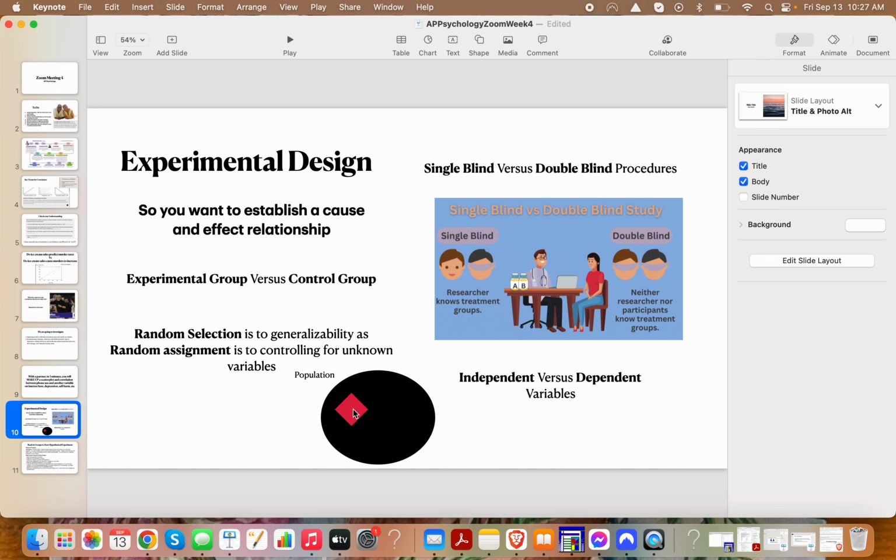This isn't always perfect, but if we can take a random selection of all of the British, Canadian, and American teenage girls, then my findings will generalize back to that population only. My findings will not apply to teenage boys because they're not my population. So we want to randomly select from a population, and that's who our findings will generalize back to.